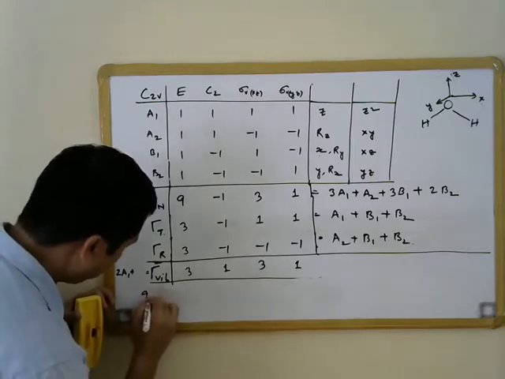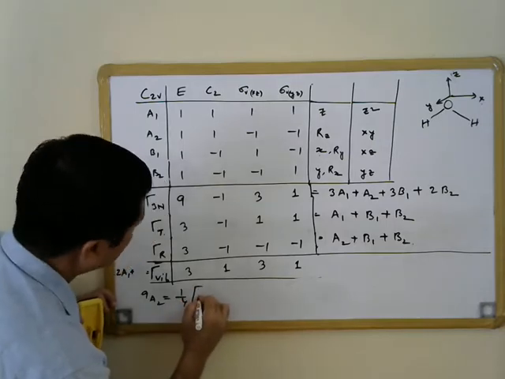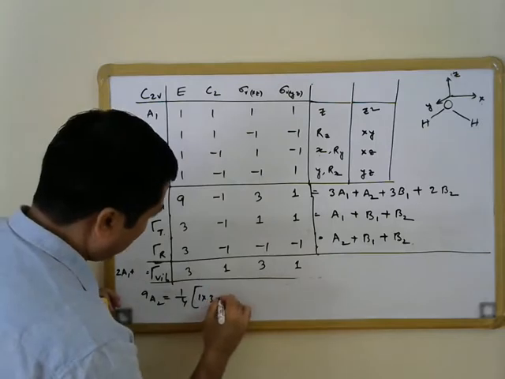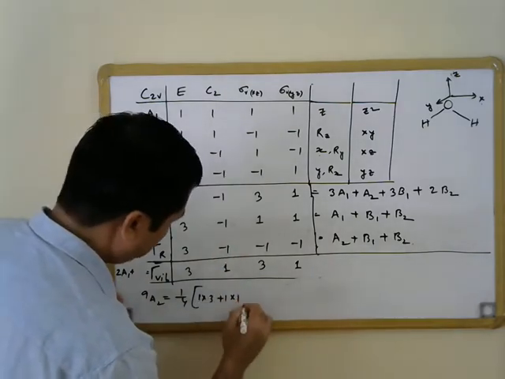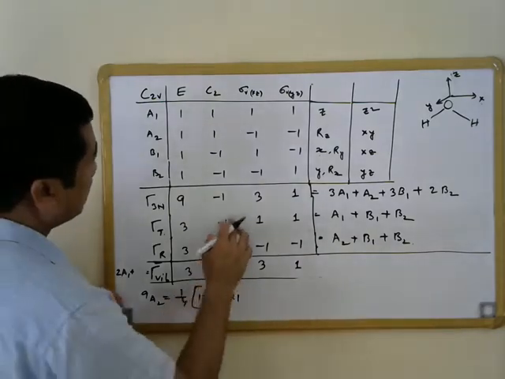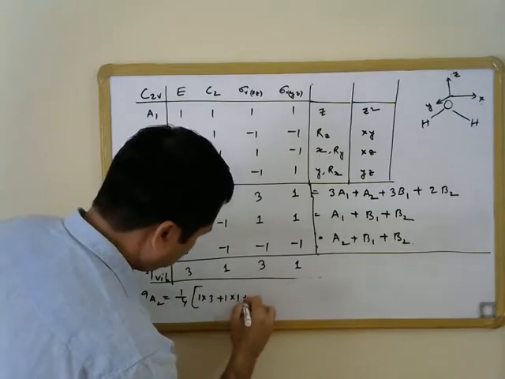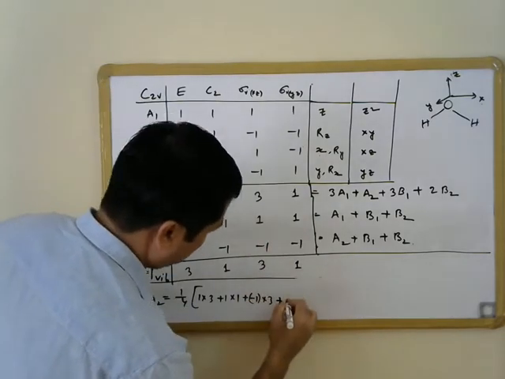Then let's also find out how many times A2 appears in gamma vibrational. So 1 into 3 plus 1 into 1, then minus 1 into 3, plus minus 1 into 1.